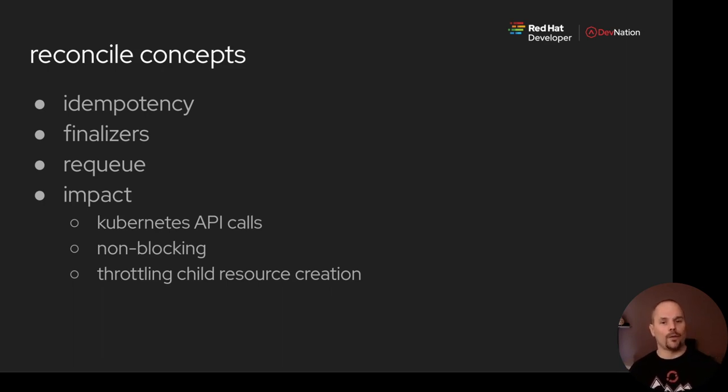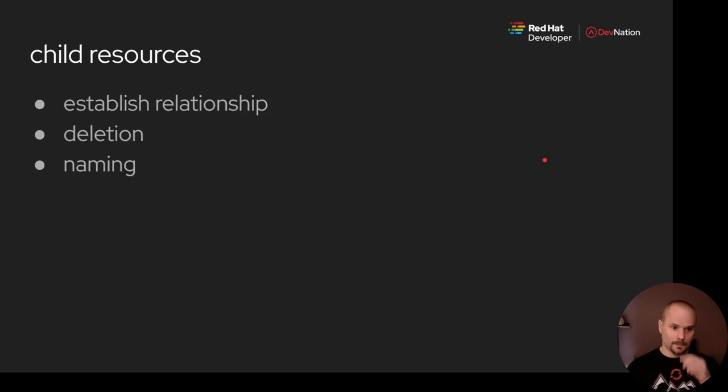We're not going to want to thrash against the Kubernetes API calls. We're not going to want to bombard the system with a ton of resource creation if it makes sense to throttle in, if we have that ability. And at the end of the day, that's up to the operator developers, but it's definitely something to keep in mind that you should be a good citizen to the rest of the cluster and not assume that you're running in a bubble and you can just thrash against Kubernetes itself.